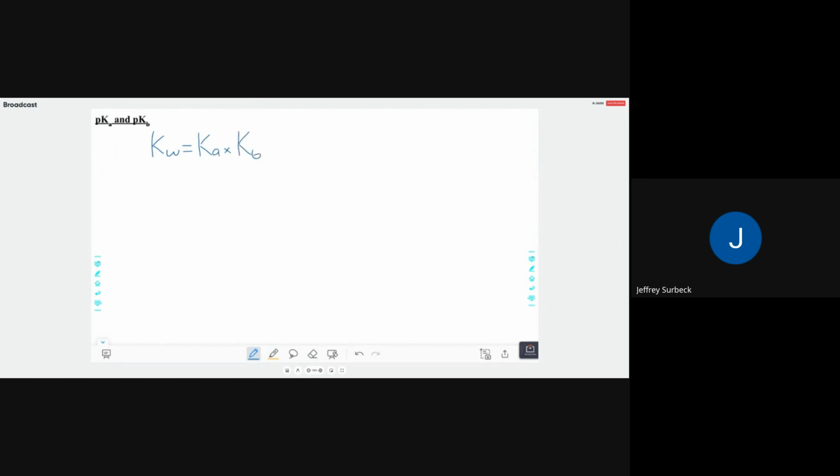Now, we did this earlier in our acid-base notes, but we want to make this number more useful. So what I'm going to do is multiply both sides by negative log. If I get the negative log of my Kw, I can work with this.